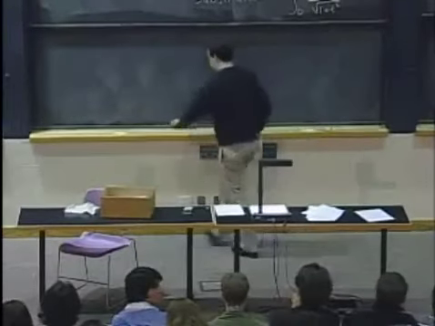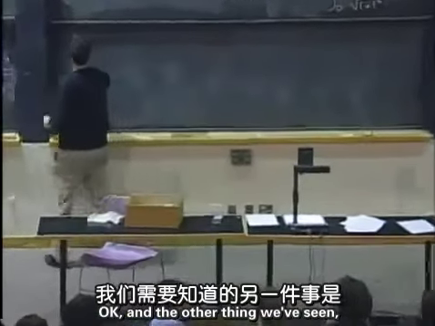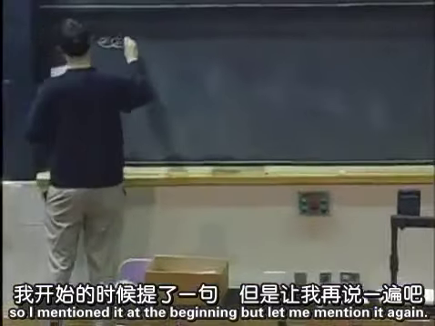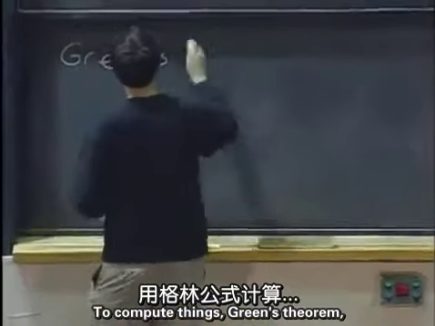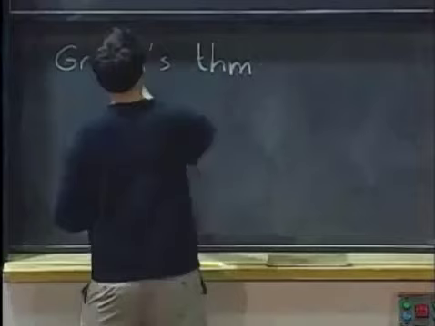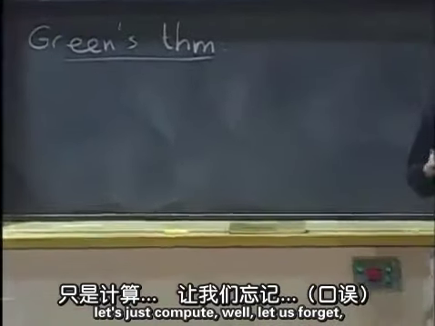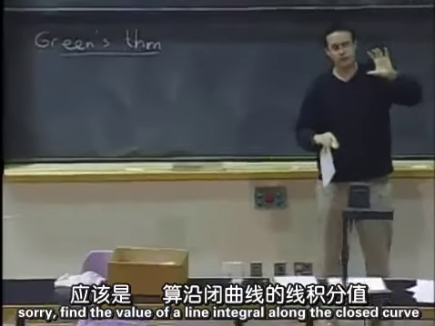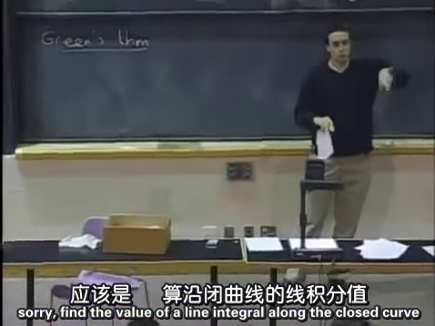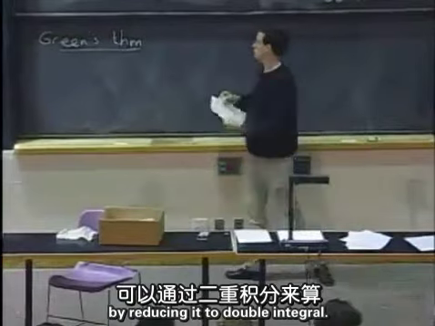Okay. And the other thing we've seen, I mentioned it at the beginning, but let me mention it again to conclude things. Green's theorem lets us find the value of a line integral along a closed curve by reducing it to a double integral.